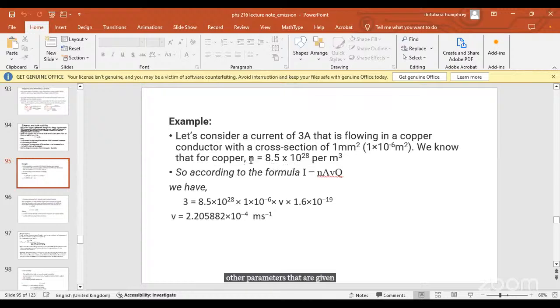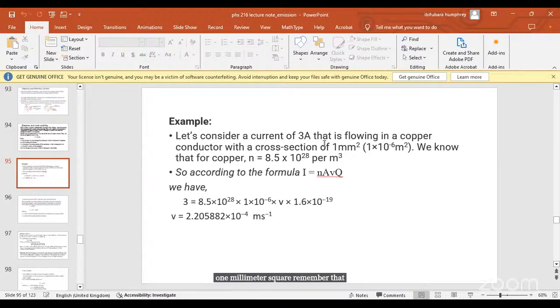N, which is the number of electrons in copper, is given to us as 8.5 times 10 raised to 28 per meter cube. The current is given as 3. Then the cross-sectional area is given as 1 millimeter square. Area was not mentioned directly, but we have a copper conductor with a cross-section of 1 millimeter square.